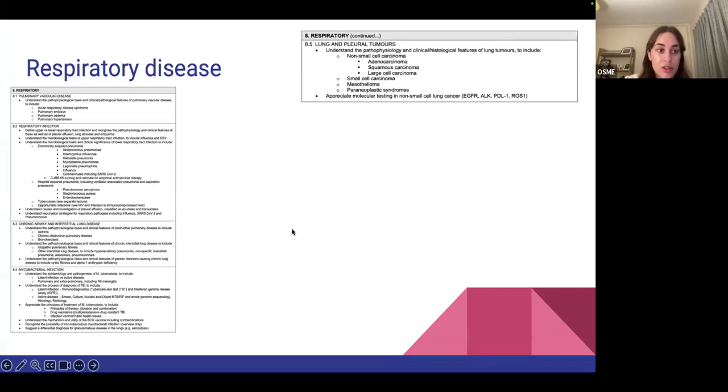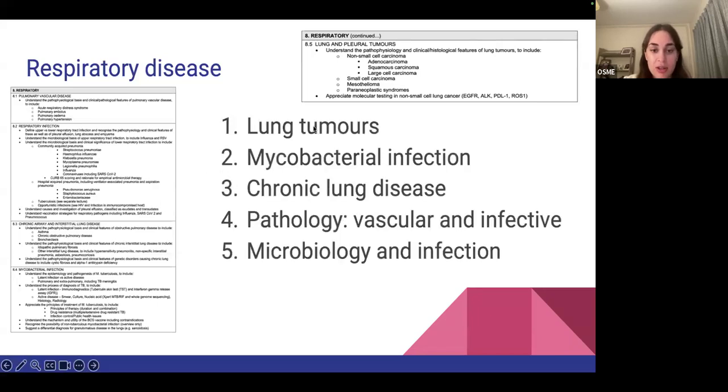As I mentioned, respiratory diseases is quite a big part, and the syllabus seems to separate it in slightly confusing ways, but to some extent, I think the most high yield parts will be things on lung tumors, mycobacterial infection, so TB related stuff, and chronic lung disease.